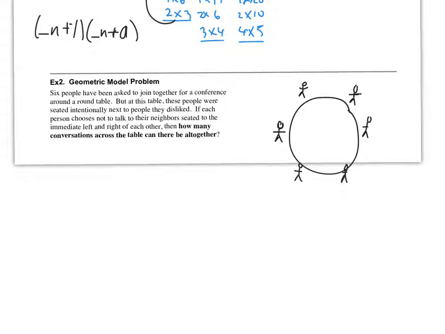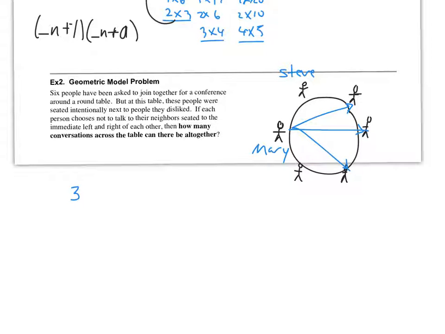Let's start with Mary here, and I'm choosing Mary because I don't think we have a Mary in the room. How many conversations will Mary have? 1, 2, 3. This person, this person, this person, who are not immediately to the left or right of Mary. Next, we've got Steve.